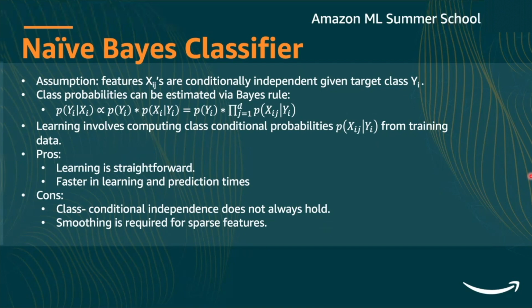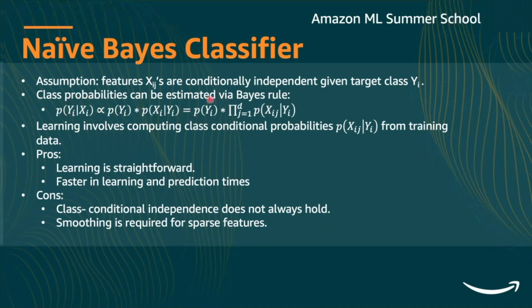In the real world, these features may be related, but the assumption you're making is that given you know the class or the category of the data, these features would be independent of each other. So this is what it says. The class probability: the model computes the probability that this point xi has the class yi, which can be computed using the Bayes theorem as p of yi into p of xi given yi.